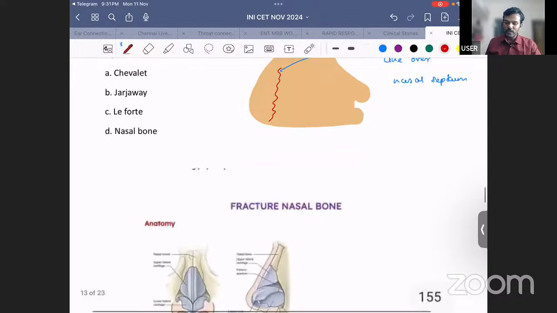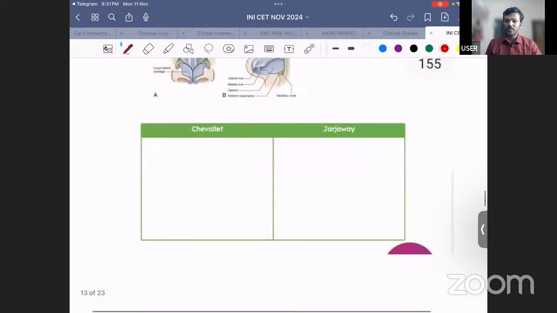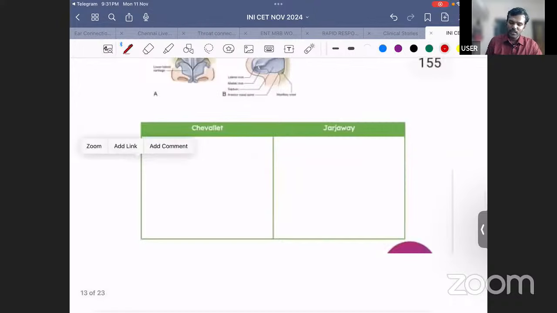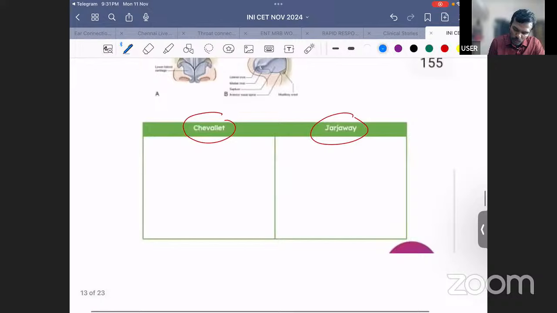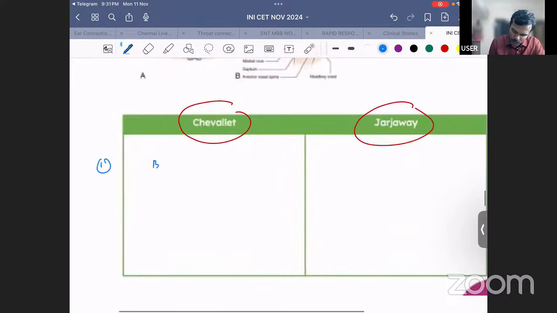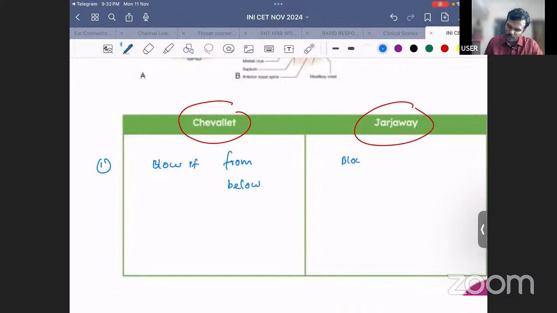We have discussed this adequately. There are two types of nasal septal fractures: Chevallet fracture and Jarjavay fracture. If the blow is from below, it is Chevallet fracture. If the blow is from the front, it is Jarjavay fracture.